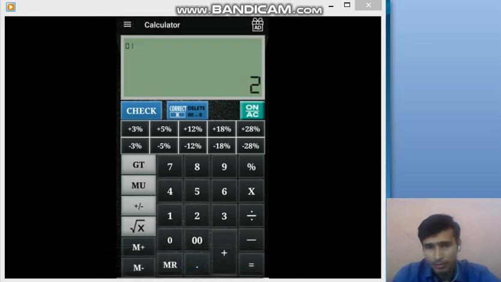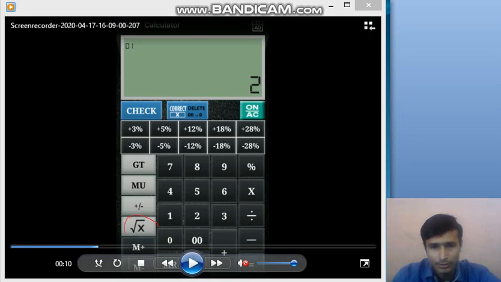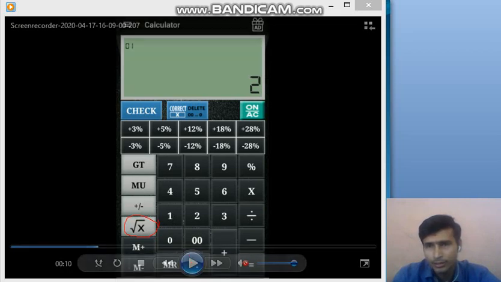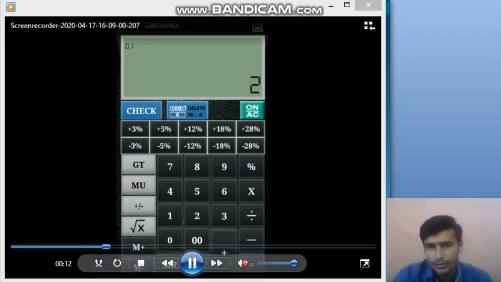Look at the button, this square root button in your calculator. So press this button 13 times: 1, 2, 3, 4, 5, 6, 7, 8, 9, 10, 11, 12, 13.